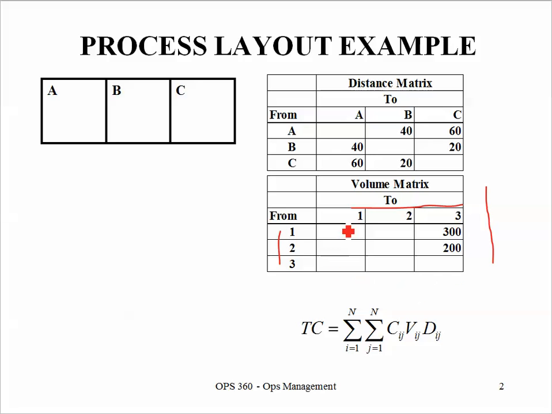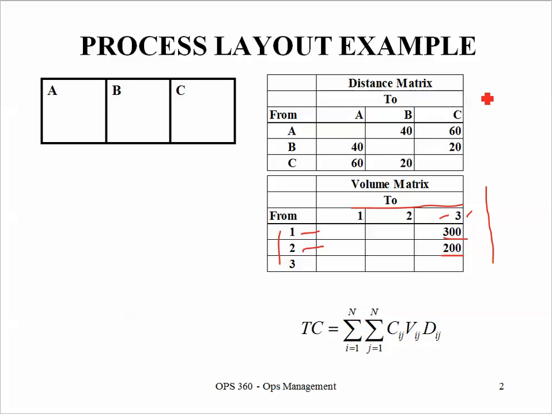You'll notice that the matrix is a little sparse. I don't expect there to be movement from every work center to every other work center. It looks like all I expect to see is 300 loads per day moving from work center 1 to work center 3, and then 200 loads per day moving from work center 2 to work center 3. Fairly simple. The volume matrix has just 2 entries, which makes the equation easier. This double summation, which looks so nasty, will just have 2 elements in it when it's expanded.